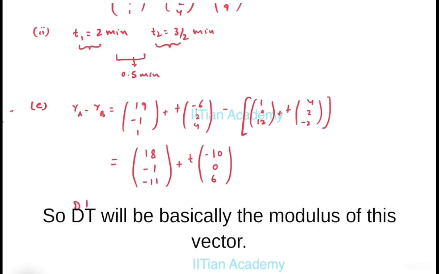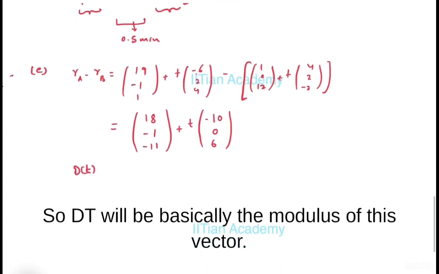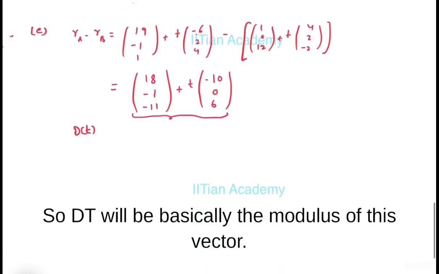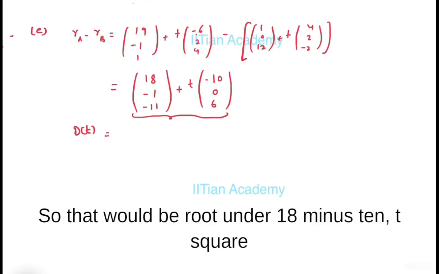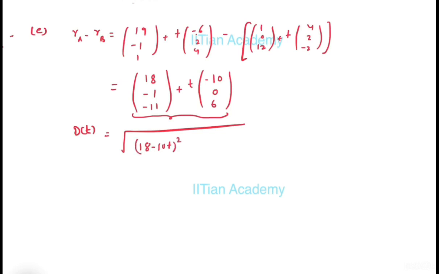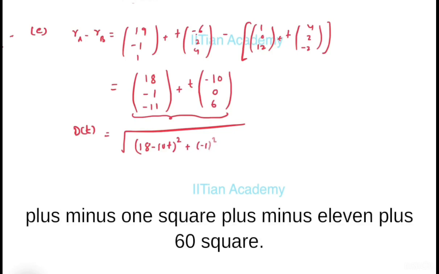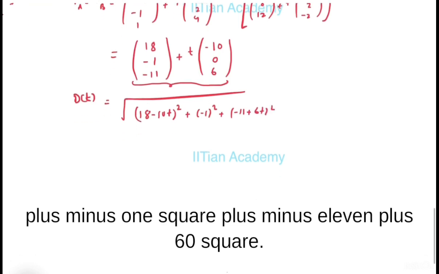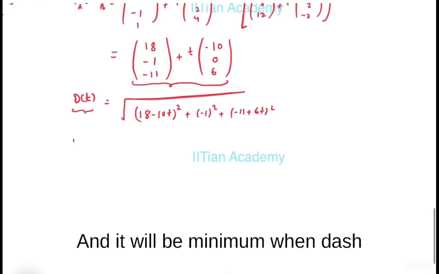So d(t) will be basically the modulus of this vector. That would be root under (18 minus 10t) squared plus (minus 1) squared plus (minus 11 plus 6t) squared, and it will be minimum when d'(t) equals 0.